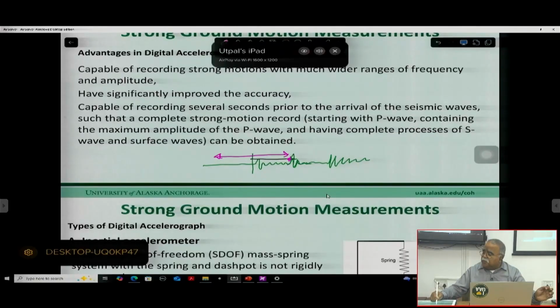So that means it could be 60 seconds of pre-event memory. It will start sending you the data to the output from 60 seconds prior to this triggered level, right?